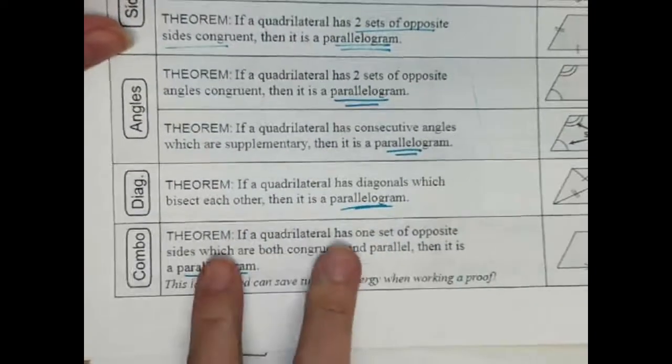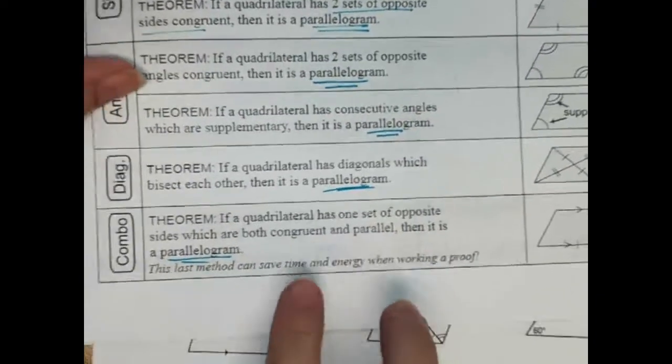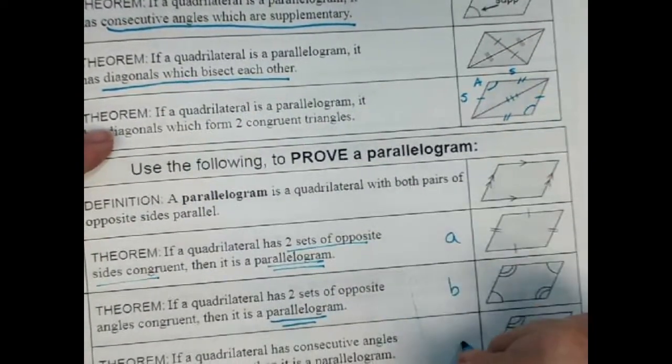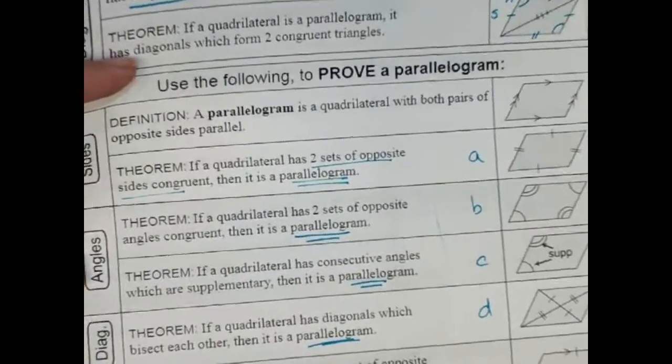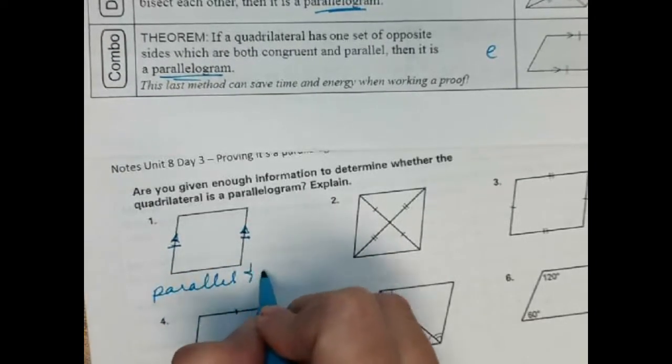That happens to be this one right here, where it says one set of sides is congruent and parallel. I'm just going to letter these so that I can put the letters over here and I don't have to write them out. But you can write it out or you can put the letters, whichever way you want to do in your notes. Parallel and congruent.